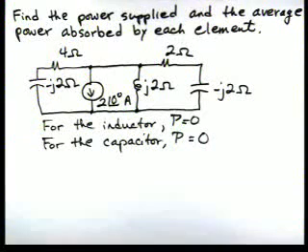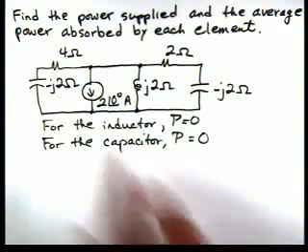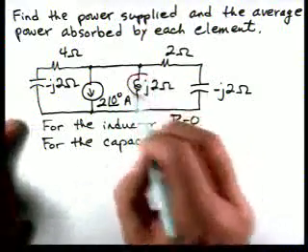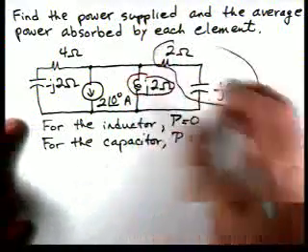Now we need to do some analysis on the circuit to be able to calculate currents through the resistors and the voltage across the current source. Let's start off: here are two impedances in parallel.